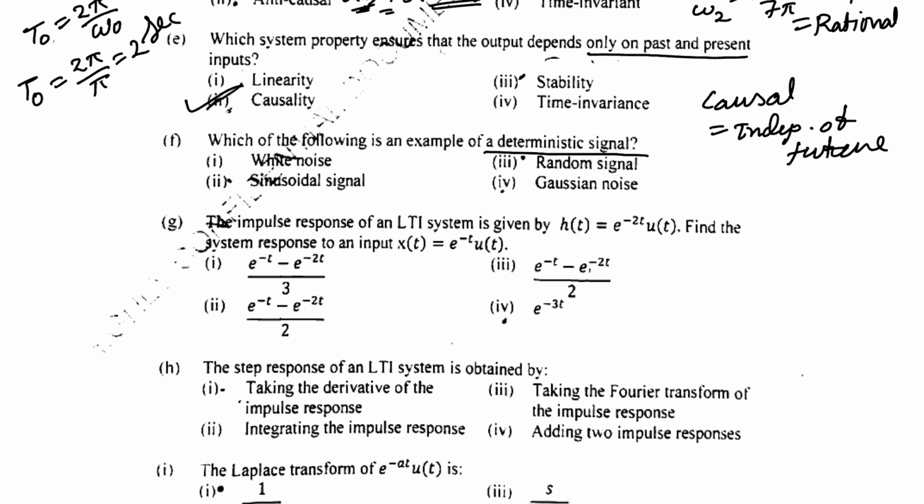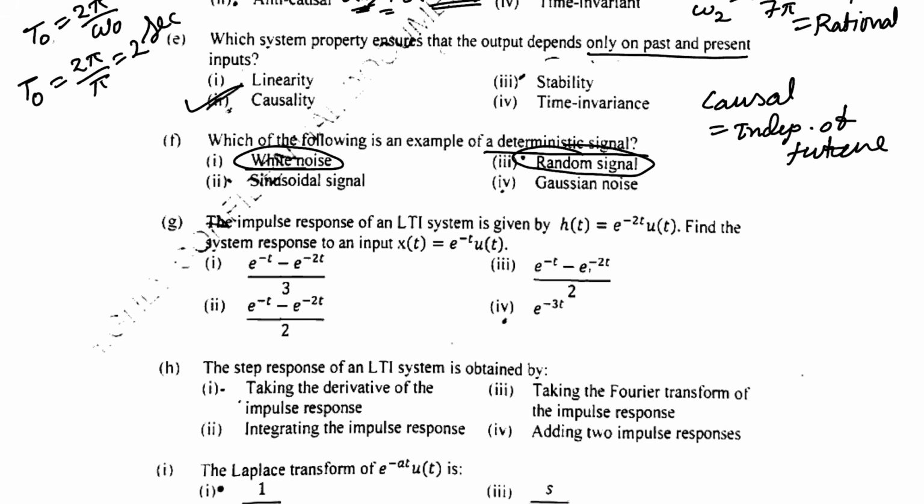The physical description should not be in probabilistic form. For example, white noise has a probability function. Random signal is a random type of signal.